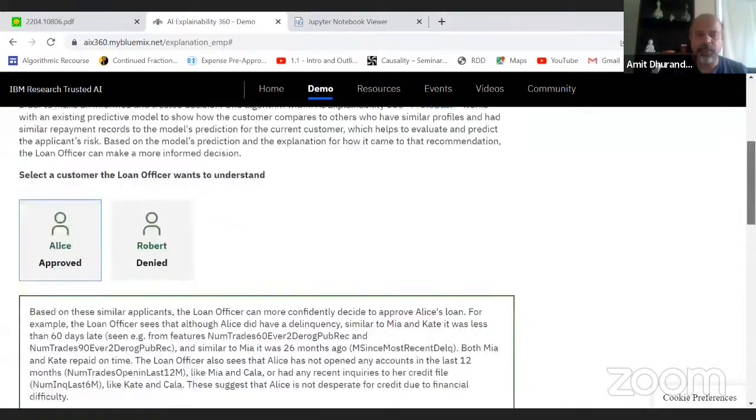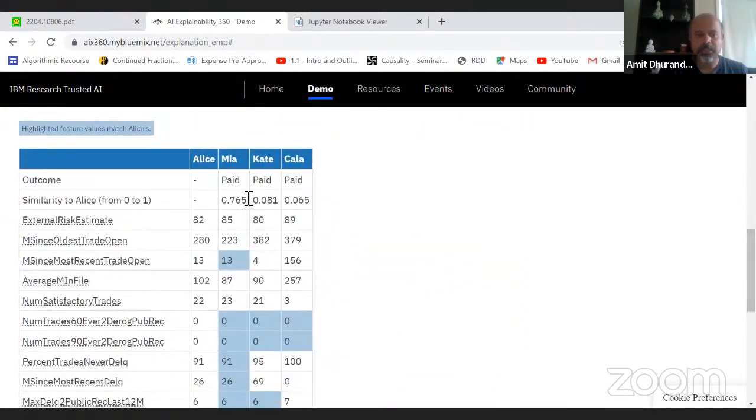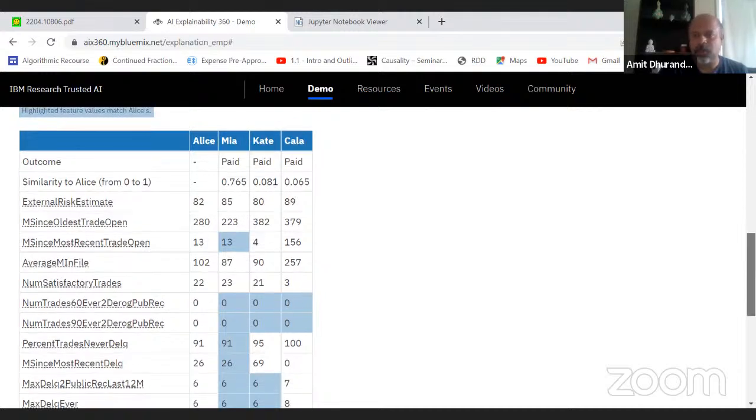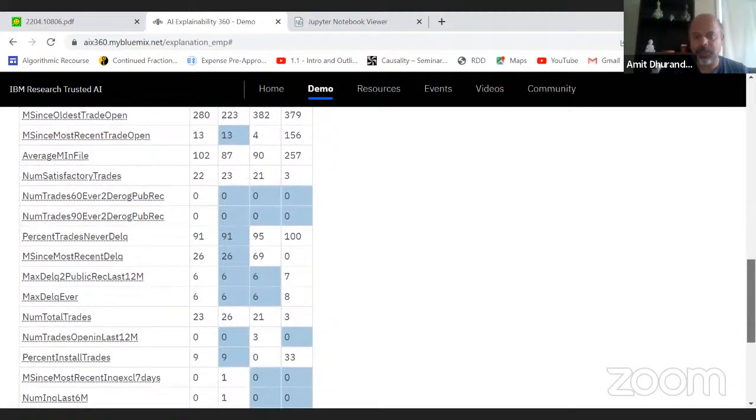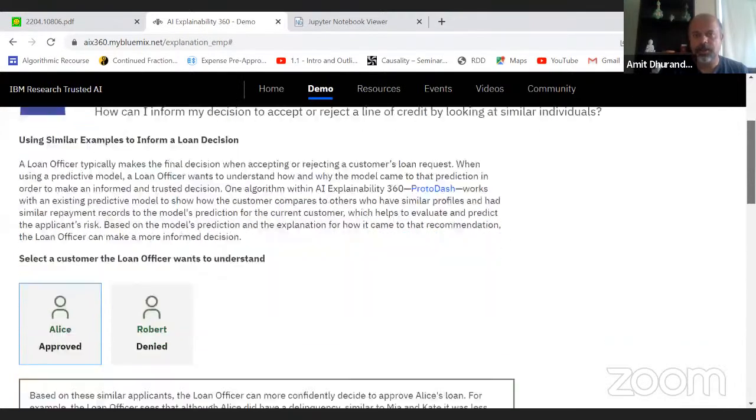A method called ProtoDash does this. Alice was the person you wanted justification for, but it found, for example, 3 other people, Mia, Kate, and Carla, who it says are also similar to the person you looked at, and all these people's loans were approved, so it's probably okay. These are the factors that are common to these people, or very close to the applicant that you want to approve.